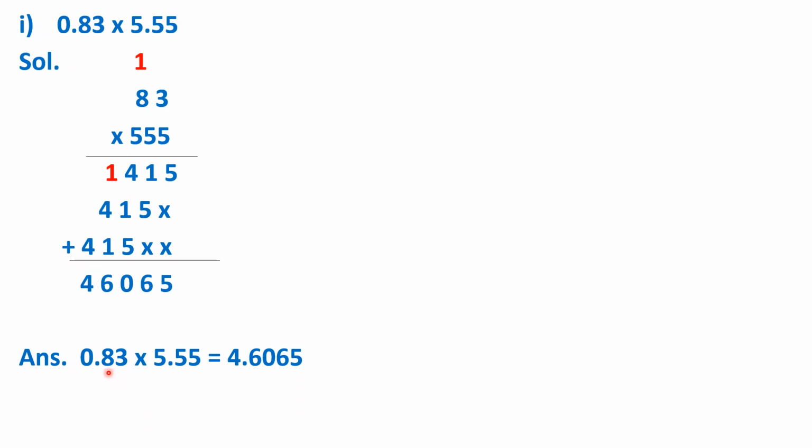In the first we have only 2 digits and in the second we have again 2 digits. So 2 plus 2, we have total 4 digits. Now from the right hand side we will count, that is 1, 2, 3 and 4. So after this 4 we will put the decimal over here, as we have written here. So our number will be 4.6065 and this is our answer.